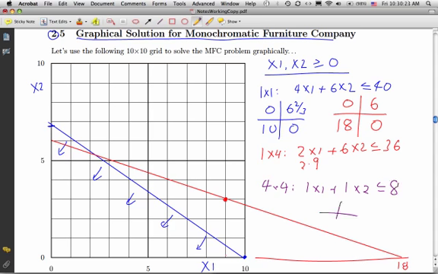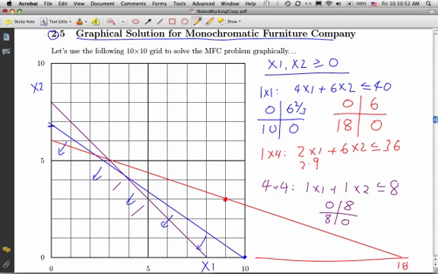So this line is very easy to do. If x1 is 0, this is 8. Likewise, if this is 0, this is 8. So we can draw a line from 8 on that axis to 8 on this axis. And we're done. And again, we're interested in the underside of the lines. And where all of these undersides intersect, we have our feasible region.